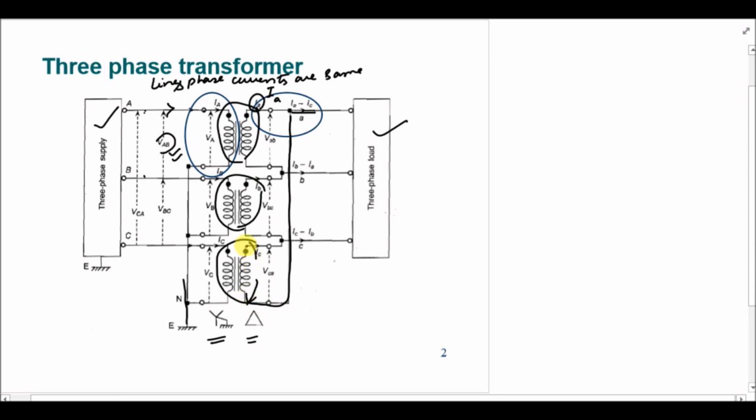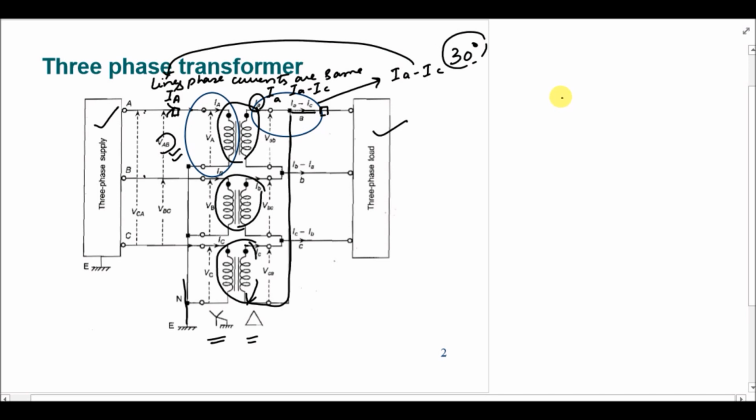So if we take the current values from the primary as well as secondary side of the transformer, we get IA from the primary side, and for the CT of the secondary side we get Ia minus Ic, which has a phase difference of 30 degrees in comparison to the primary current, capital IA.